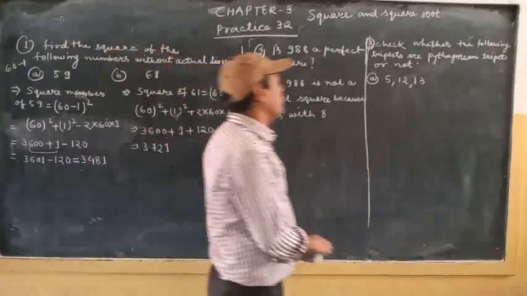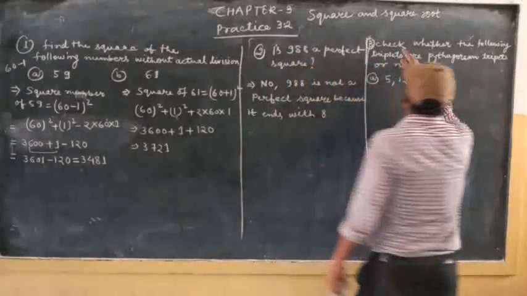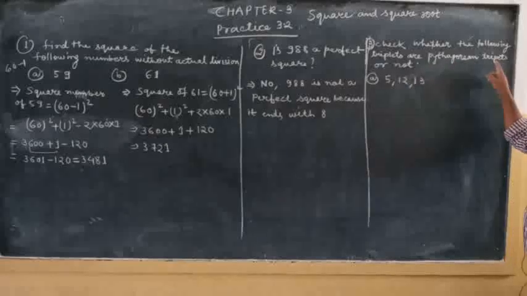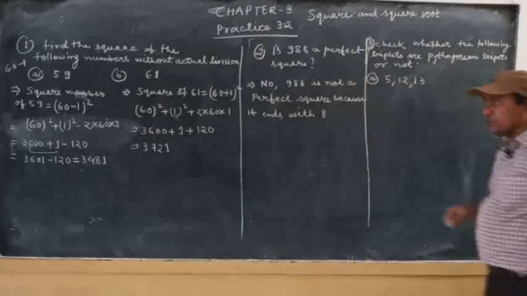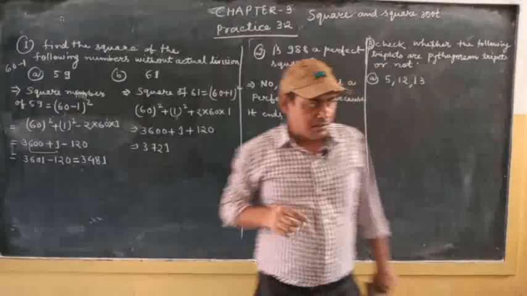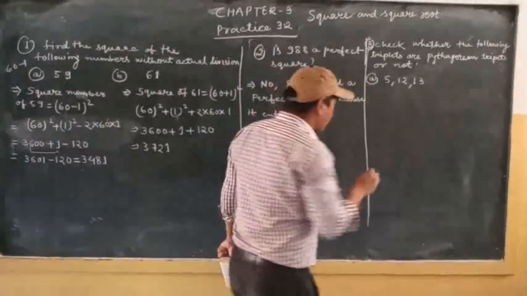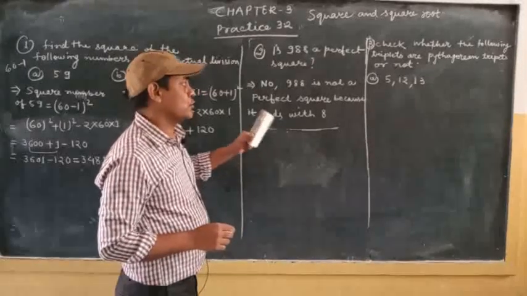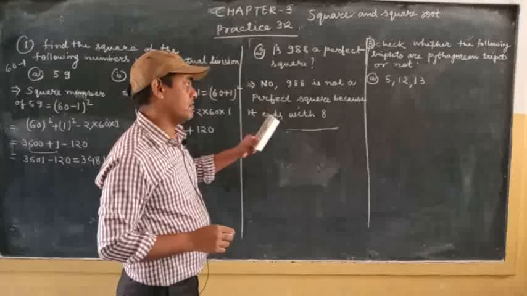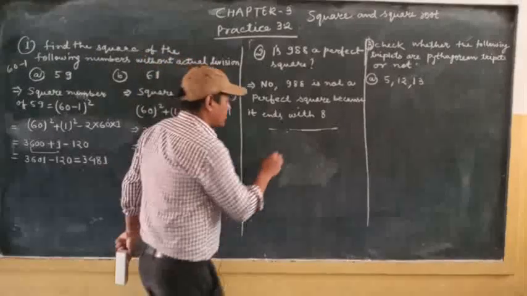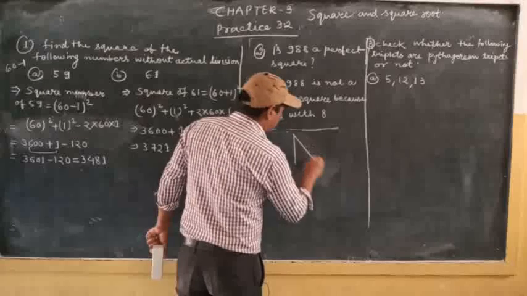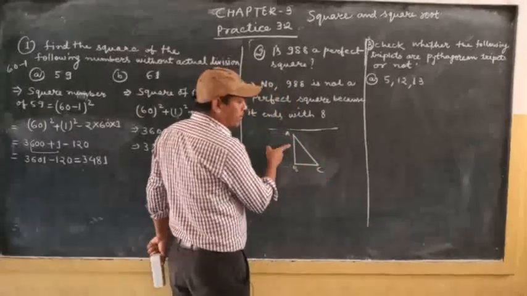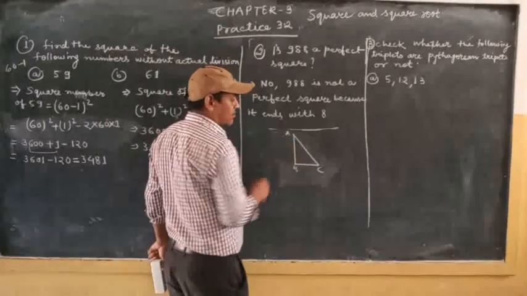Now question number 3. Check whether the following triplets are Pythagorean triplets or not. We will solve this question by following the Pythagoras theorem. To show a number in a Pythagorean triplet, we make a triangle ABC with perpendicular, base and hypotenuse.